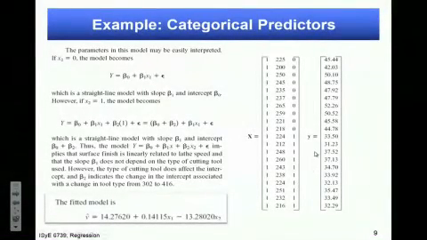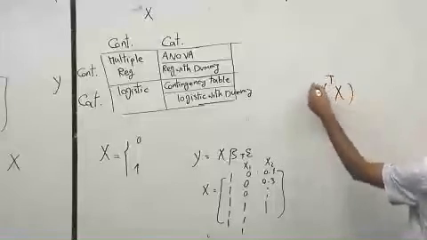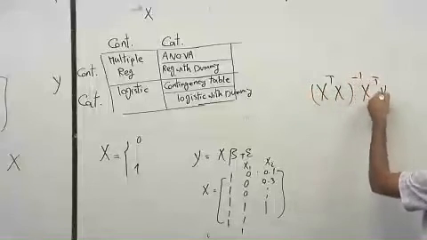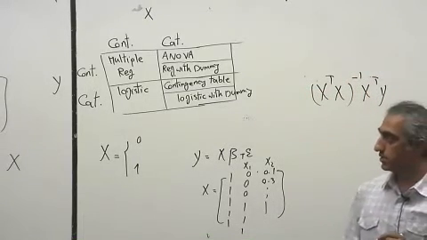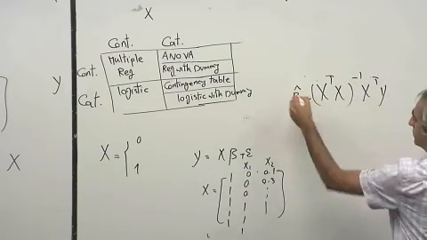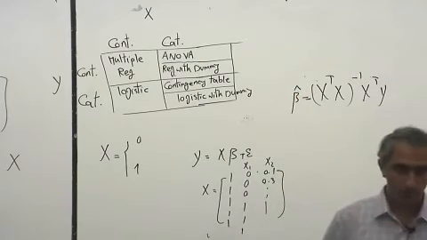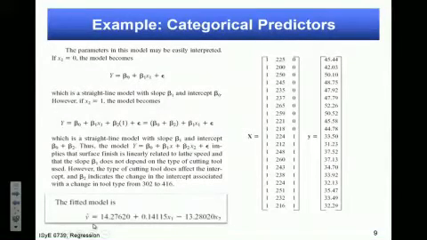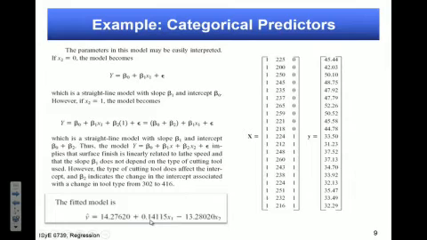And then we have Y. So you can use again (X transpose X) inverse X transpose Y with this design matrix, and you can get your beta hat. In this example, your beta hat would be 4.27 for the intercept, this is the effect of X1, 0.14, and this is the effect of X2.